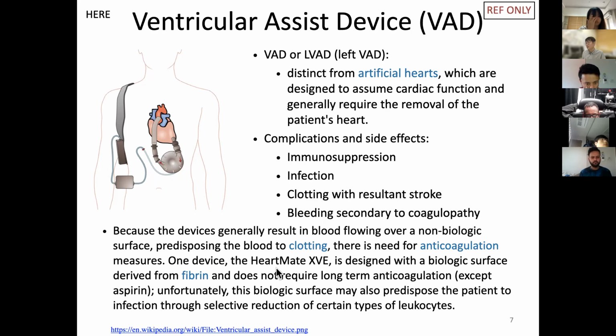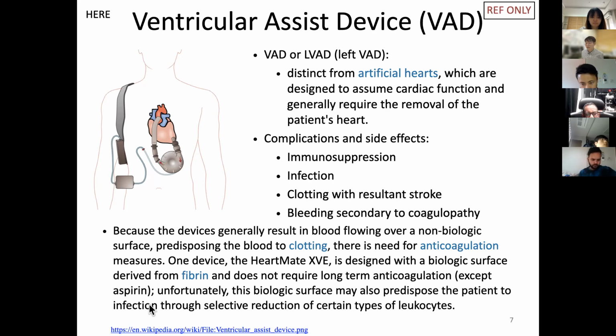This is an example of one device that is designed with a biological surface derived from fibrin and does not require long-term anticoagulation. So engineers made an innovation to coat the inside surface with fibrin, which we will discuss later. Unfortunately, this biological surface may also predispose the patient to infection.